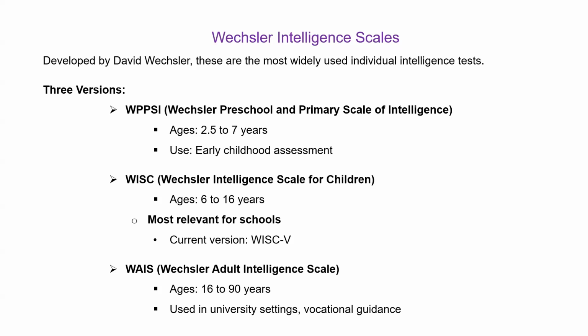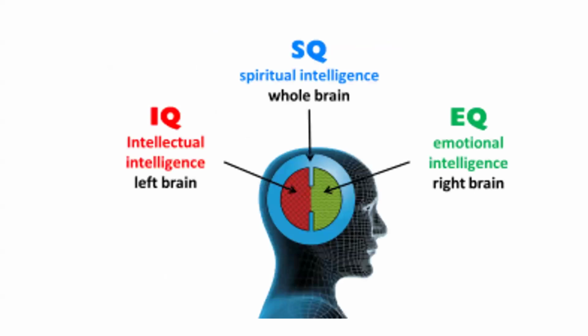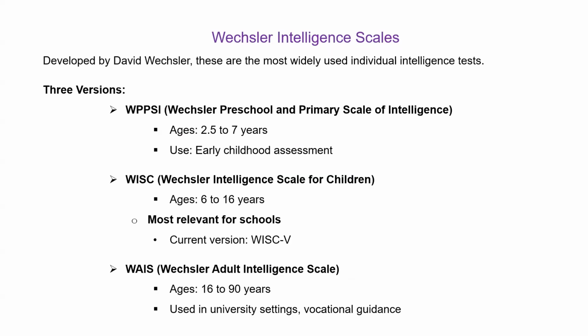The other one is WAIS, the Adult Intelligence Scale, that can be used for ages from 16 upward. It is used in university settings and vocational guidance. Sometimes we also give IQ tests for graduate teaching recruitment, when the gazette is published.